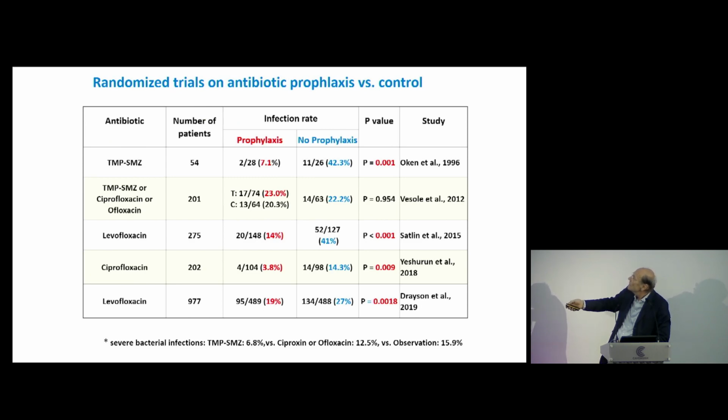Only one study did not show a benefit for antibiotic prophylaxis. But these were the old times where chemotherapy was used or transplant was given. So it is not so easy to draw analogies with our present treatment and future treatment scenario with bispecific antibodies and CAR T cells.